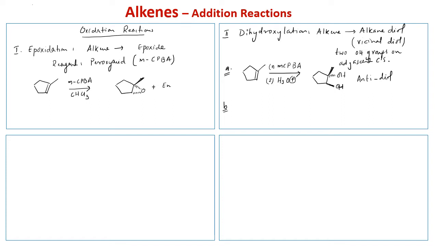The second one is where you start from that alkene, and you do a reaction with osmium tetroxide followed by reaction with a peroxide, or sometimes you would see that it is also sodium sulfite.